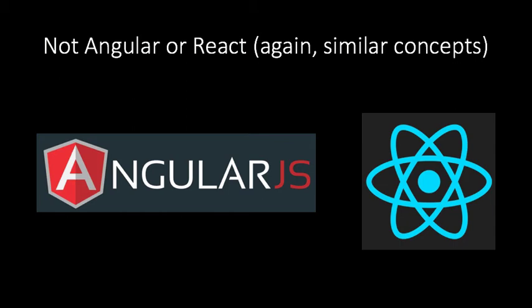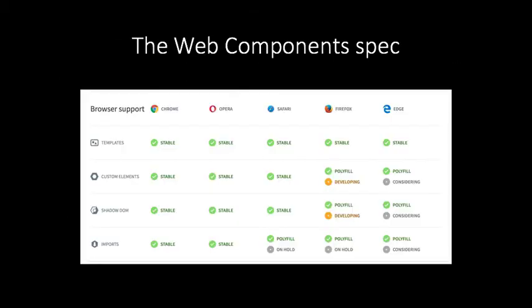But it's not those. This is a level below those, basically. So this is more native to the browser. It's 4 parts of the browser and the specification for browser technology that then allow you to have these custom elements that can register on their own.